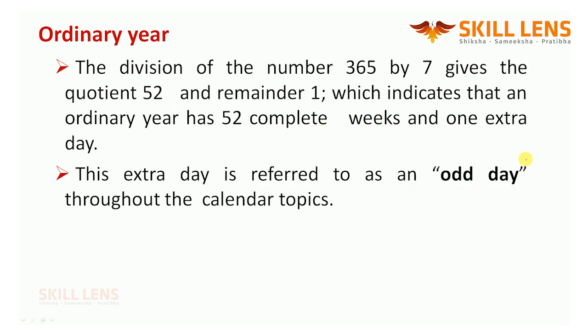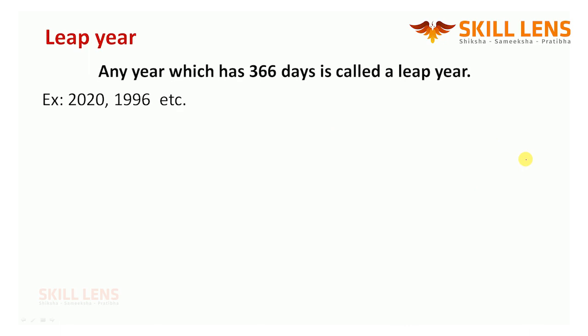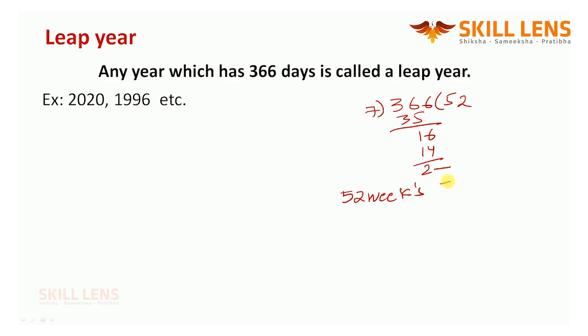And what is a leap year? A leap year is nothing but a year which is having 366 days. If you divide 366 by 7, 7 5s are 35, I am left with 1 and 6. 7 2s are 14, I am left with 2. So I can say there are 52 complete weeks plus 2 extra days.